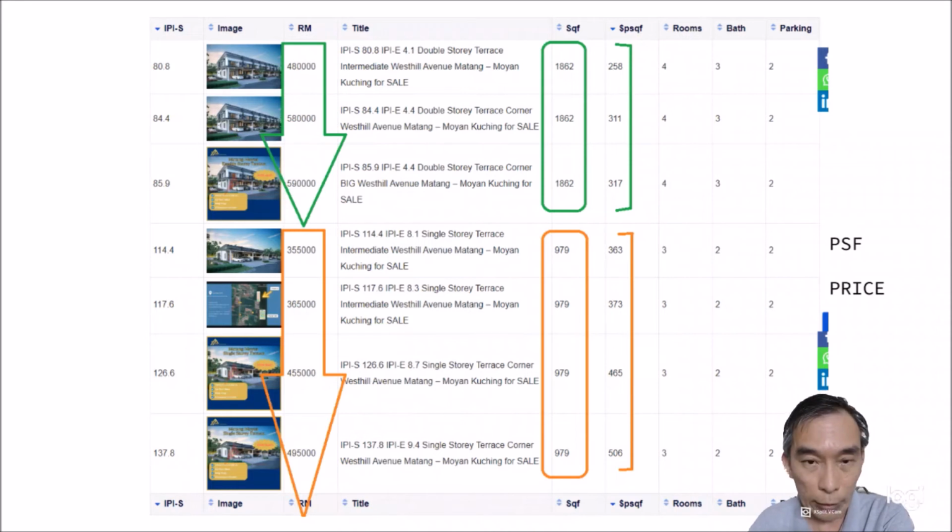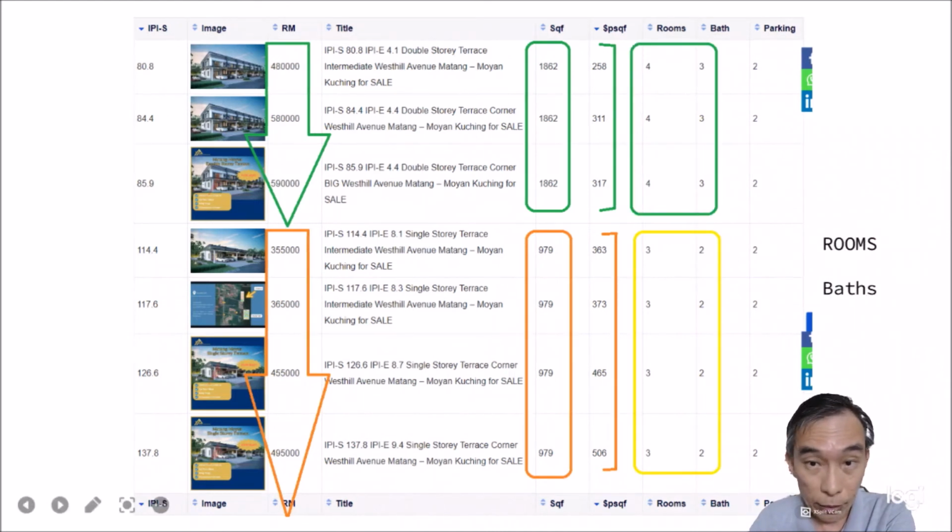So this is to allow us to understand how much you are paying for a living space, in a nutshell, telling us how to choose and live within our means. So this is what IPI and build up analysis achieve for us. And lastly, comparing the single story, which is below, and the double story, which is above. The double story would have higher benefits, like 4 rooms versus 3 rooms, 3 bathrooms versus 2 bathrooms, and definitely the double story benefits are better.